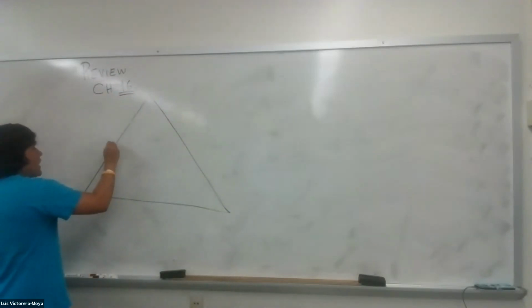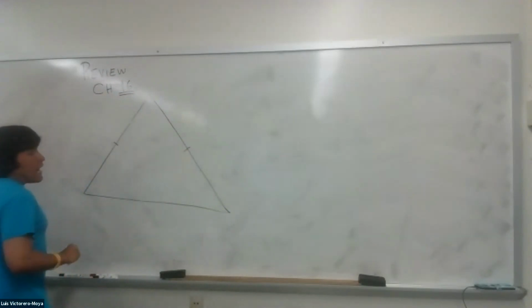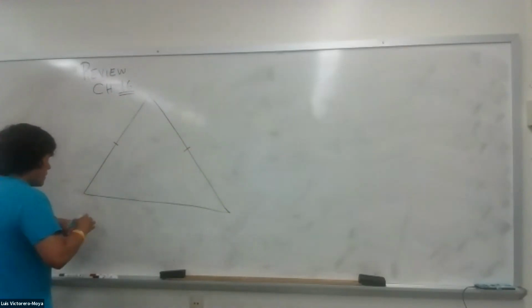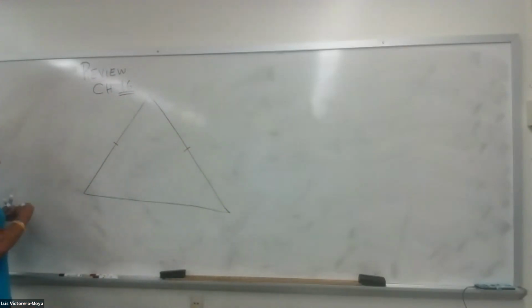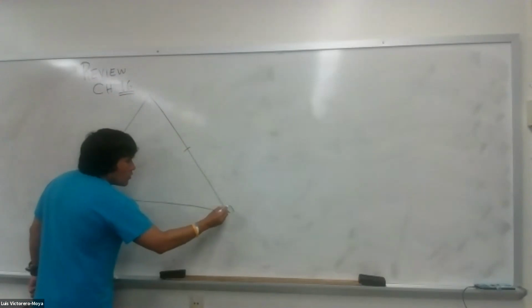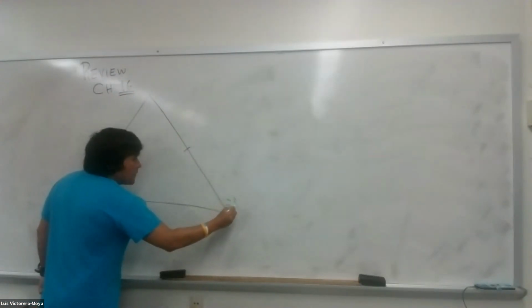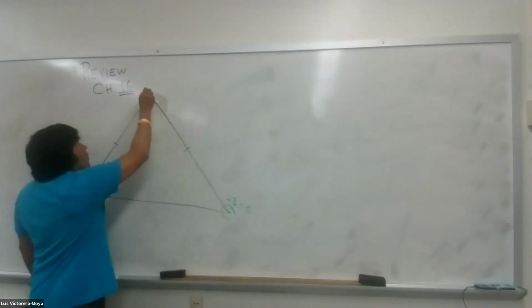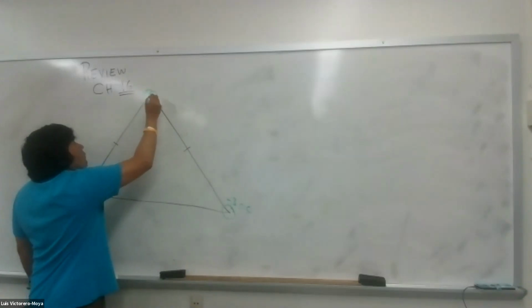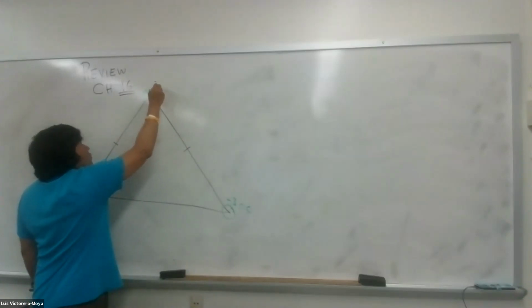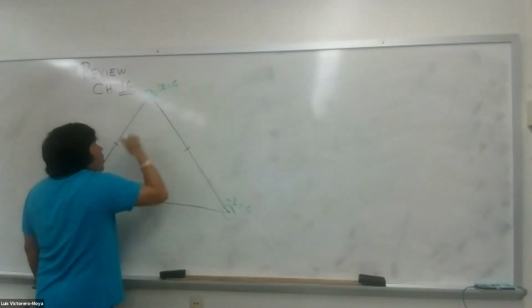So this is an isosceles triangle. We're going to put 3 charges: -2 nanocoulombs, -3 nanocoulombs, +12 nanocoulombs.